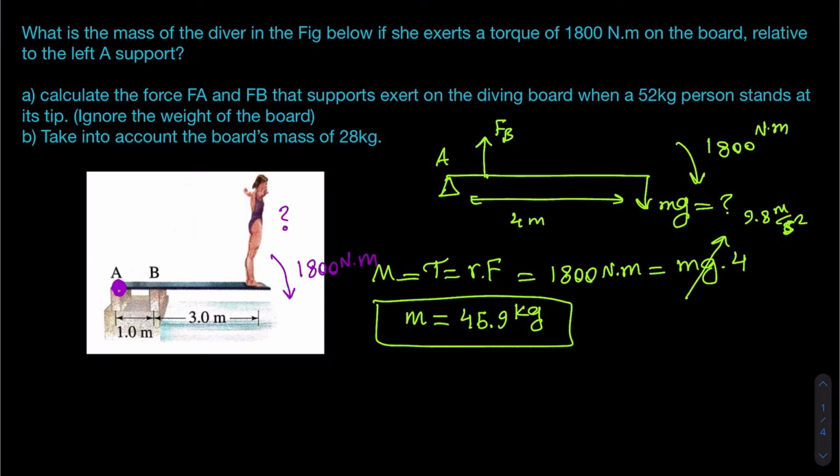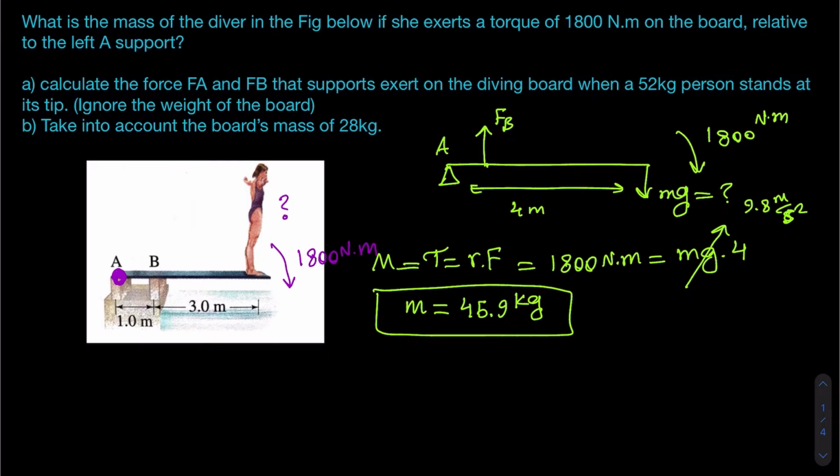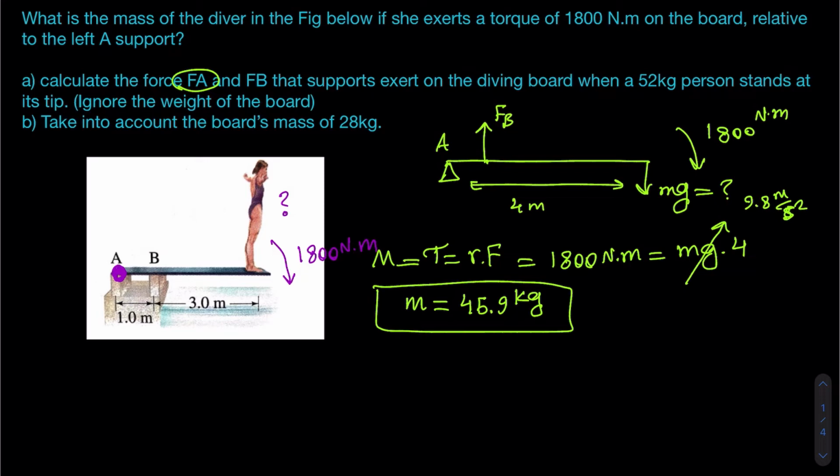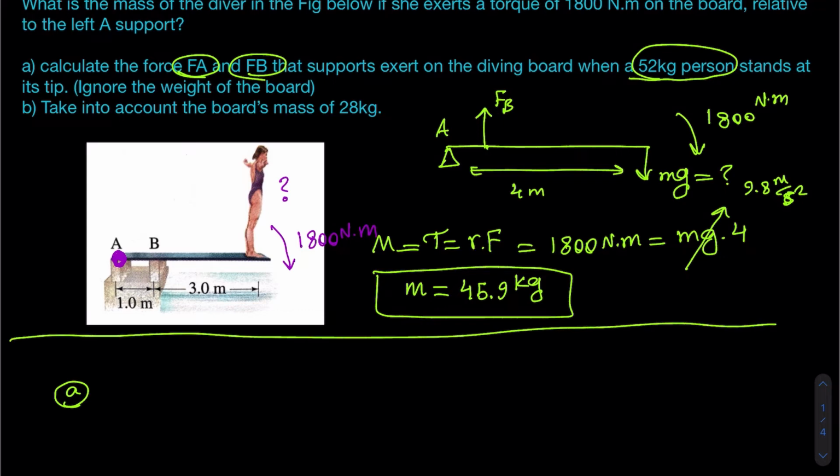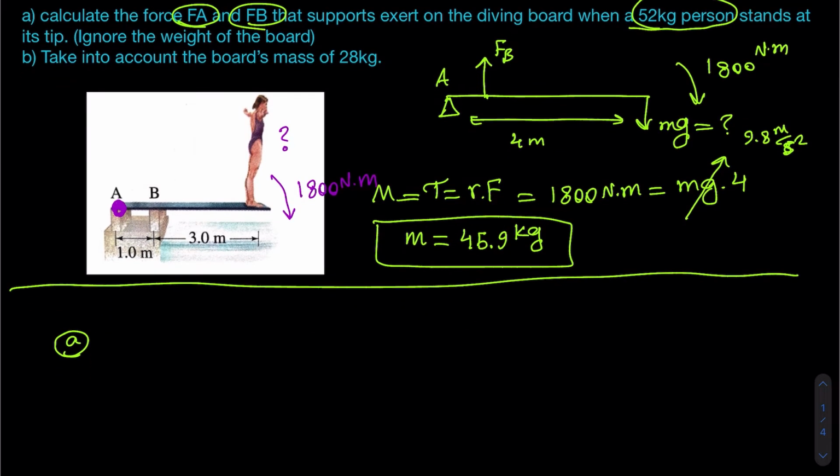But the second part is asking to calculate FA and FB if the diver has the mass of 52 kilograms. So in order to calculate this part, we need to use a model, the seesaw model, or a beam.